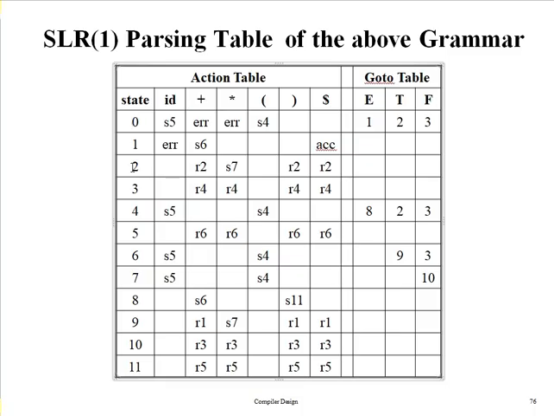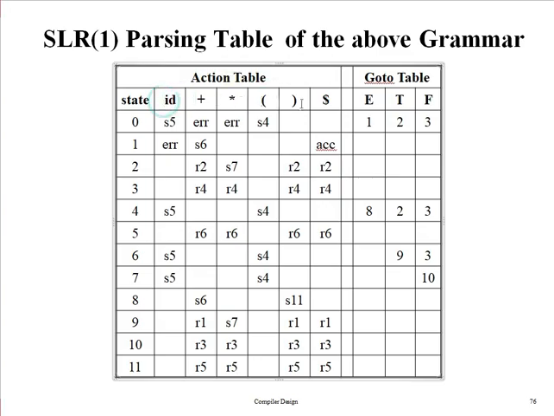Now once we have structured the parsing table into action and go-to subsections, we should indicate the columns. In the action table, the columns are the terminal symbols.